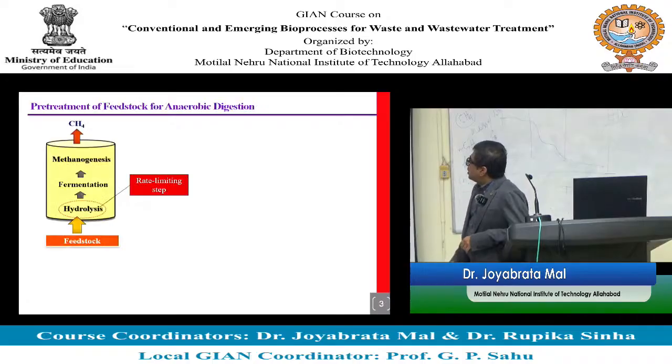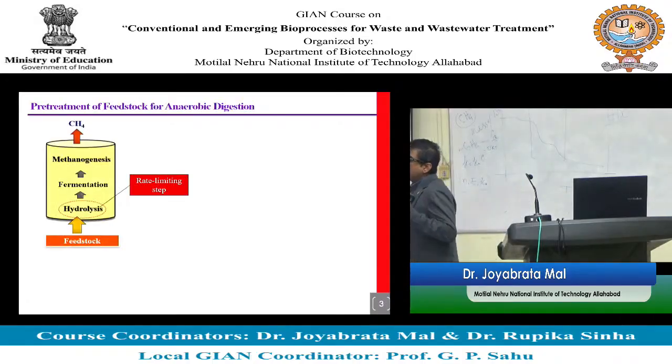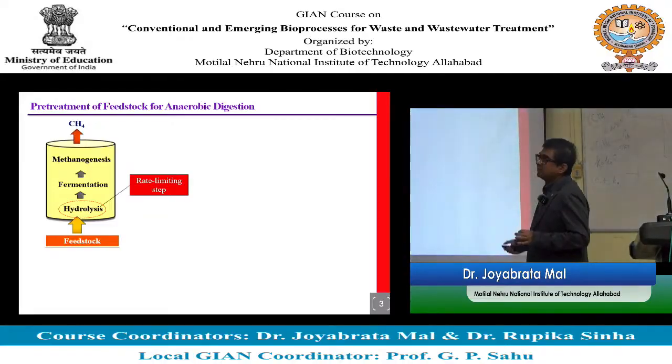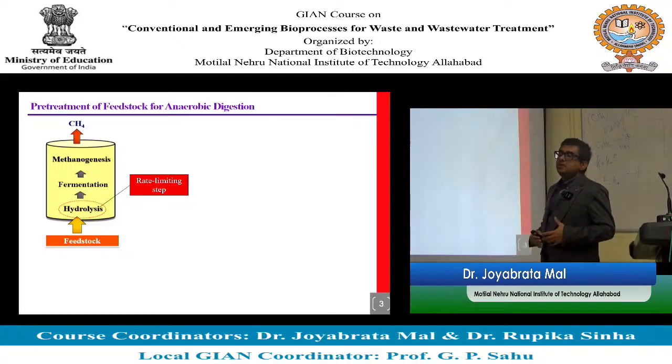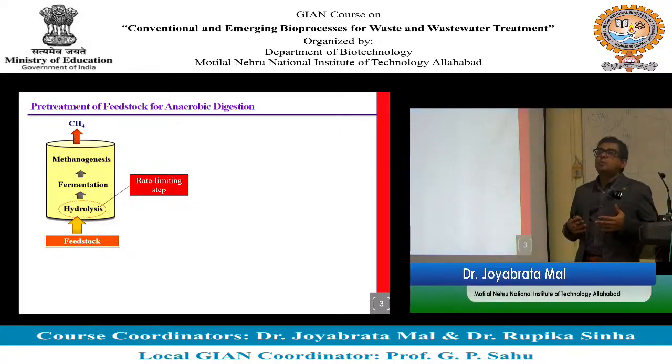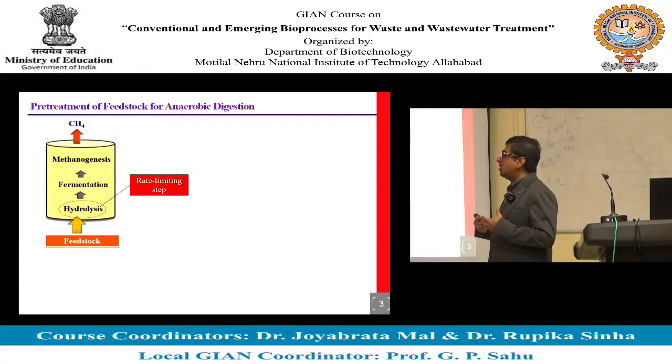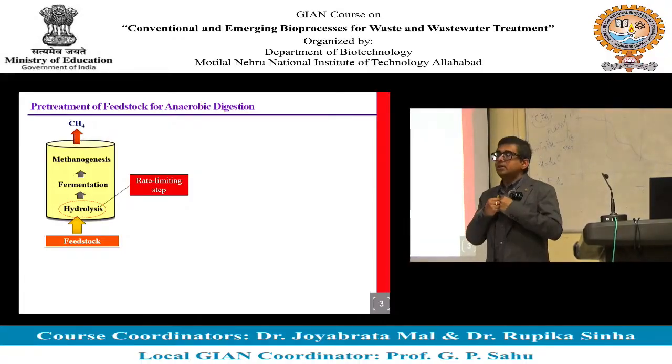So one of the common bottlenecks in the anaerobic digestion process is slow hydrolysis, because anaerobic digestion is mostly used for complex organic waste, where most of the organics are in particulate form.